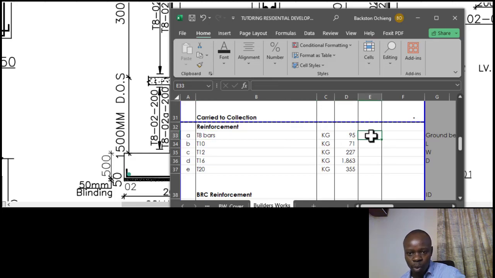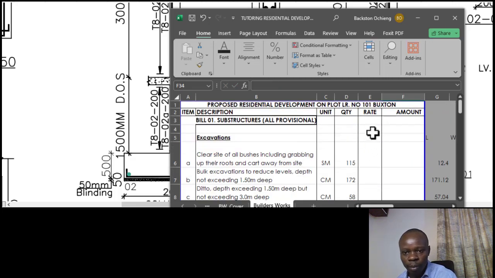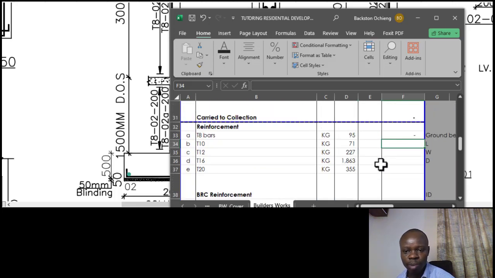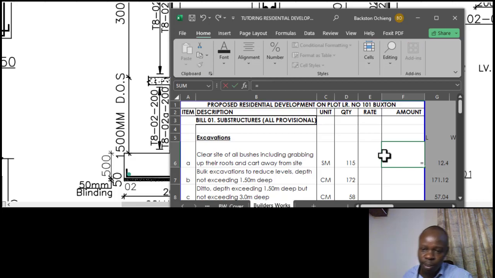But now, you make sure that your formula is in place. That is one step. Of course, in the column for the rates we'll insert the rates, and then automatically we make up the amount by multiplying the rate and the quantity. So you make sure that all your formulas are in place.